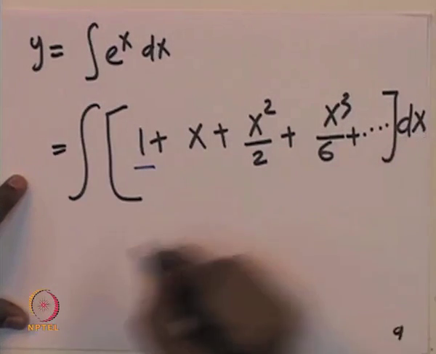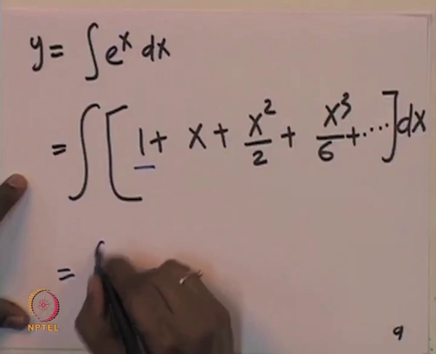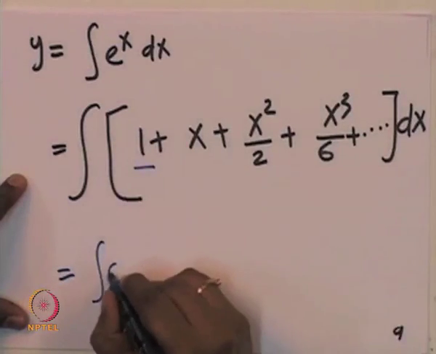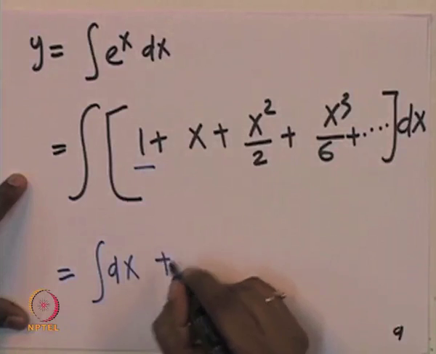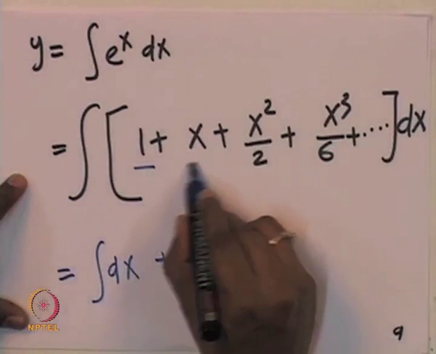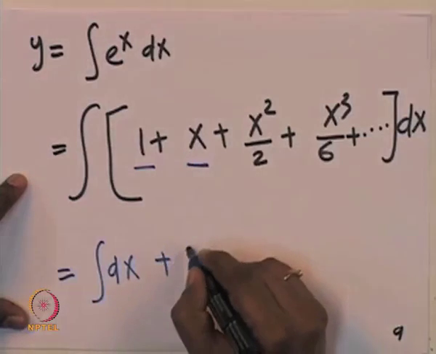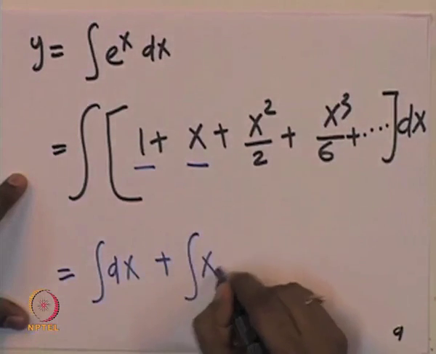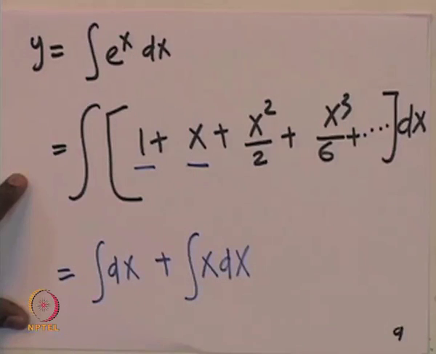The first term is integral of 1 dx, which is dx, plus the second term, integral x dx.